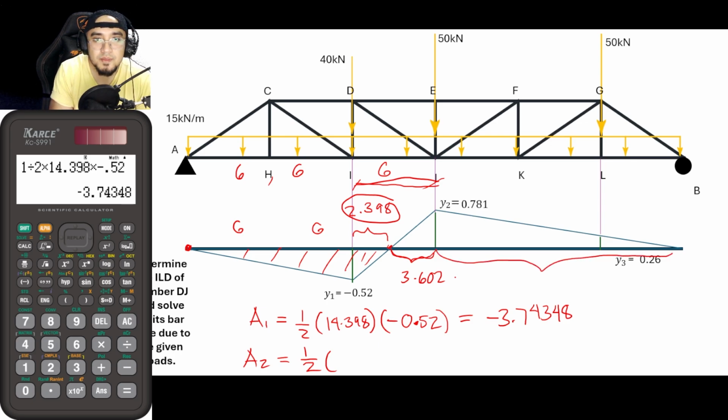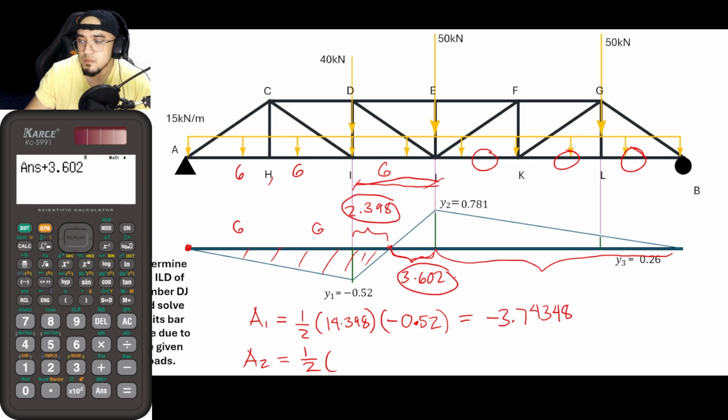Okay, and as for area 2, that is equal to 1 half times what is this whole length here. So we have 3 spans, 1, 2, 3. So that is 3 times 6, that is 18, plus 3.602. So the answer is now equal to 21.602 times the height. Again, the area of a triangle is basically 1/2 base times height, and the height is 0.781.